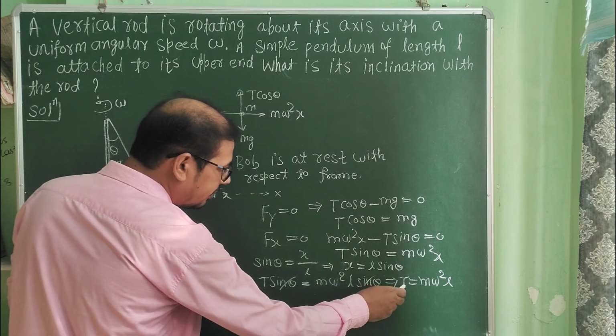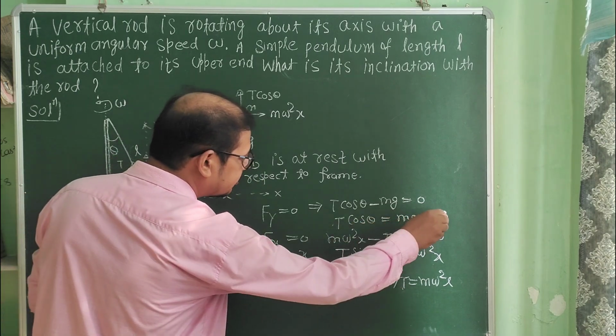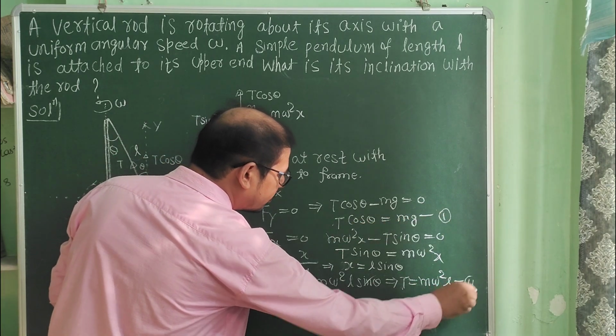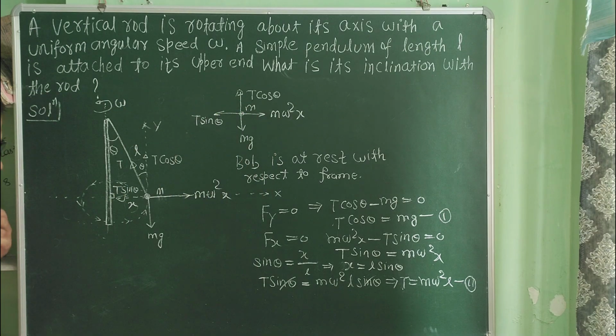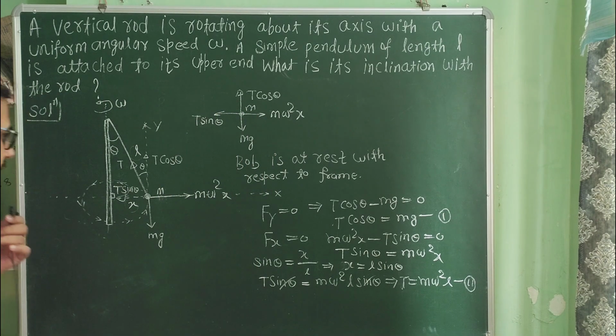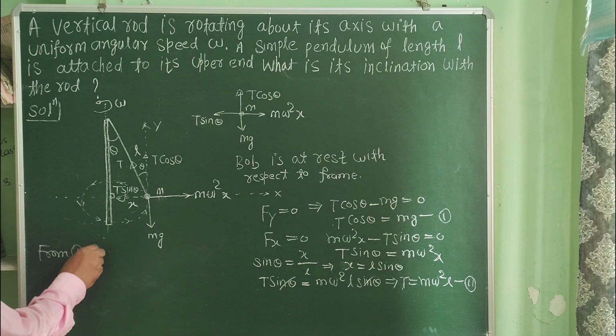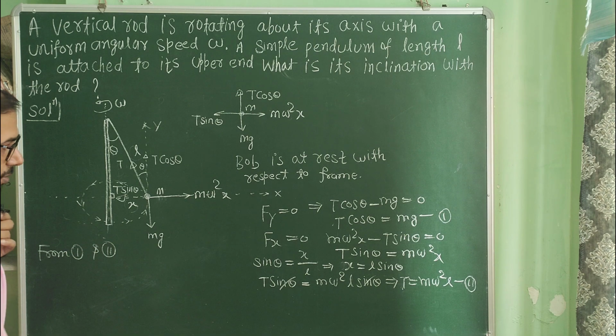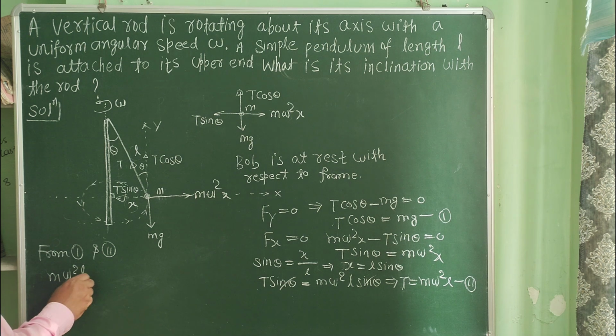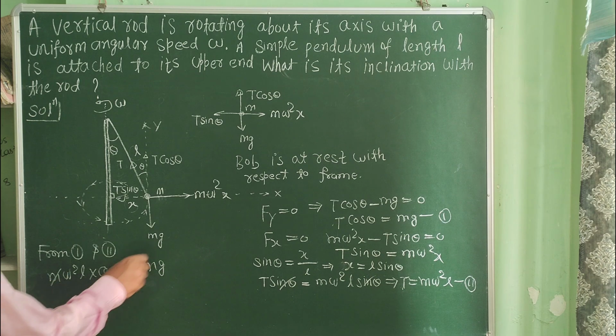Correct? Now putting the value of T in the first equation. This is the first and this is the second. You will get the value of theta, from the first and second. T means m omega square L into cos theta equal to mg. Correct? m and m cancel out.